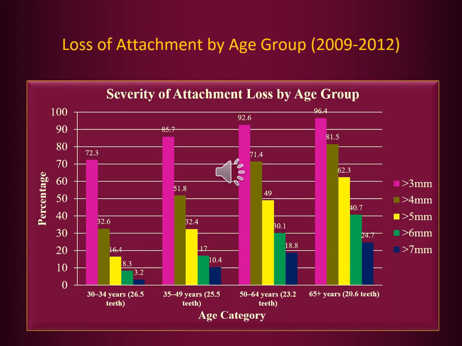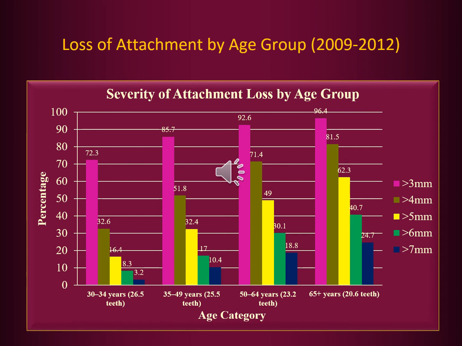One of the fundamental ways that we look at periodontal disease and evaluate severity is by attachment levels. And this particular slide shows severity of disease by attachment loss by age group. And what we see in this case is that amongst the different age groups, the severity pattern is roughly the same, although the amount of disease actually increases by each group.